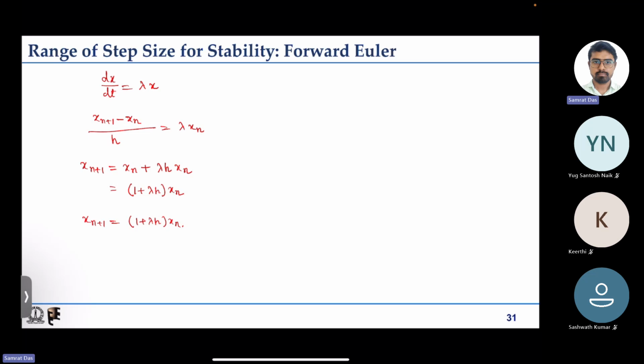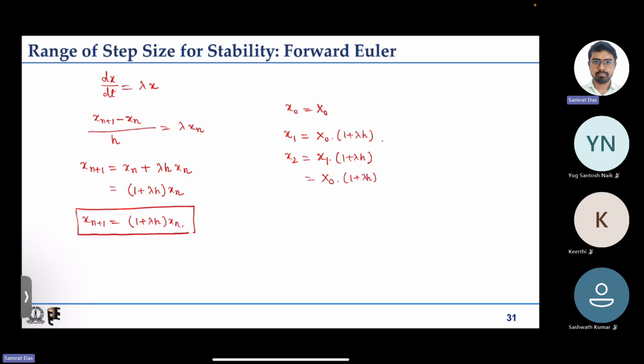Right? So this is the form where, for the initial condition, say x of 0 is the initial condition, capital X0, then x1 is x0 times 1 plus lambda h. x2 is equal to x1 times 1 plus lambda h, that is nothing but x0 into 1 plus lambda h square.